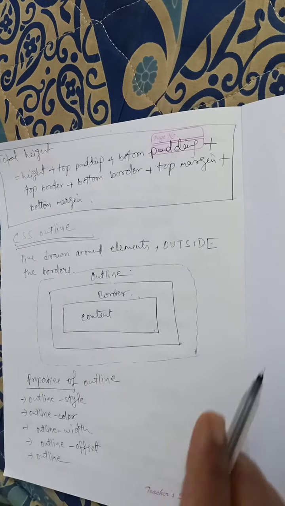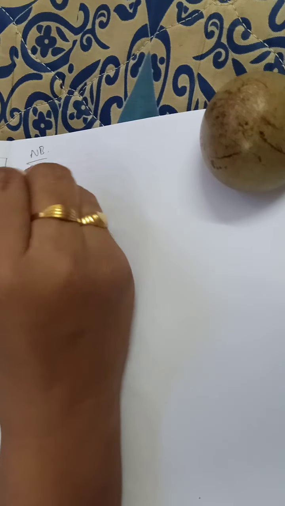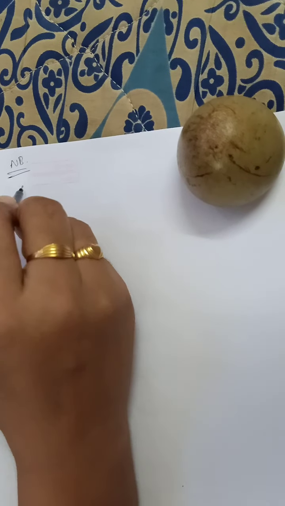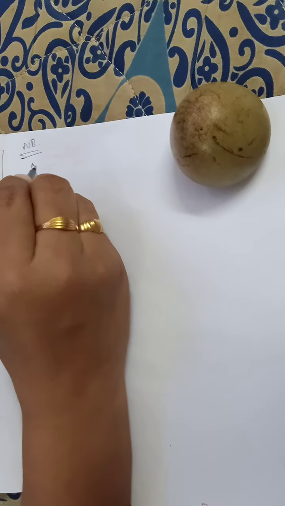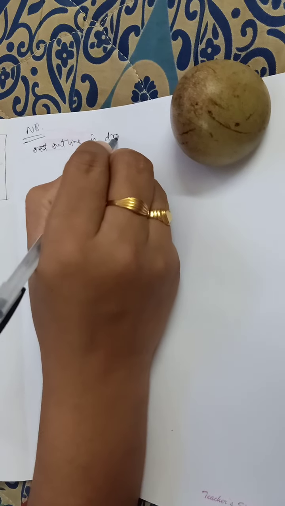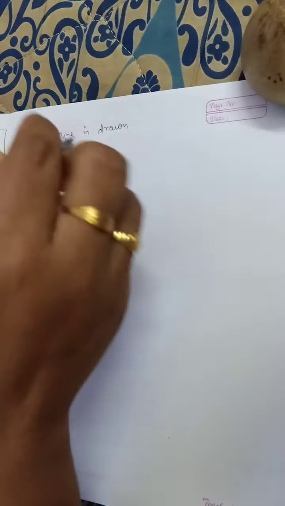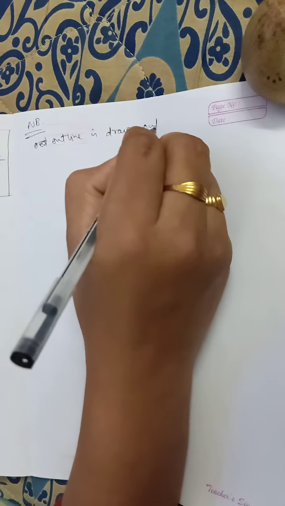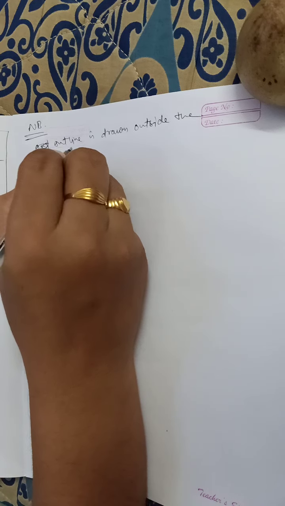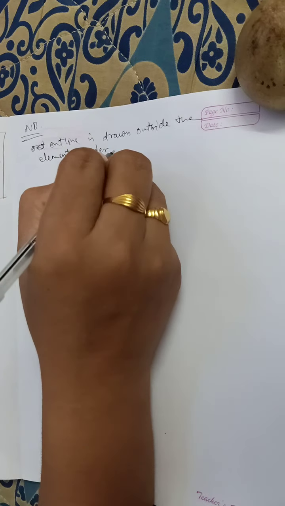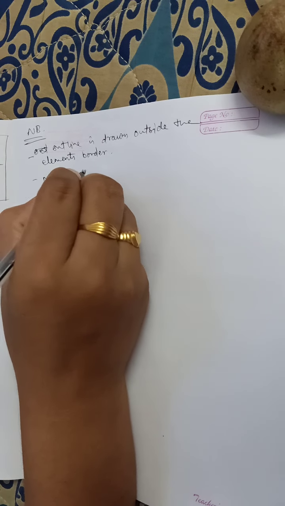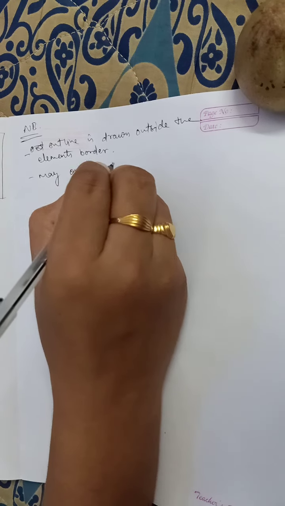Okay, so I'm just writing the points to be noted. First, outline is drawn outside the element's border. It may overlap other contents.